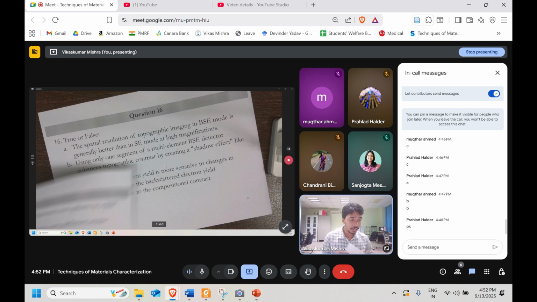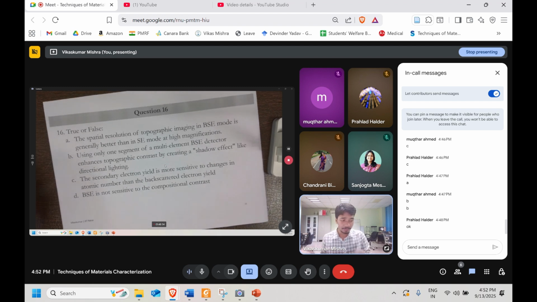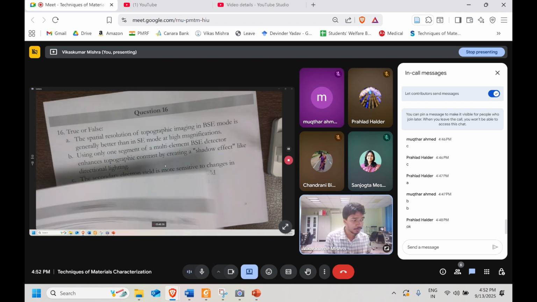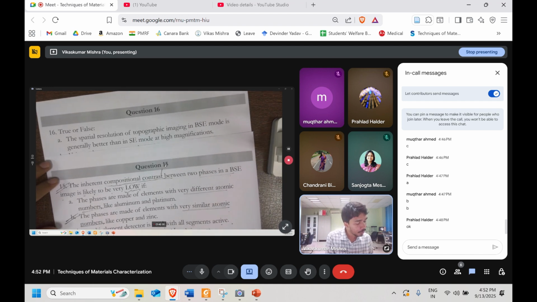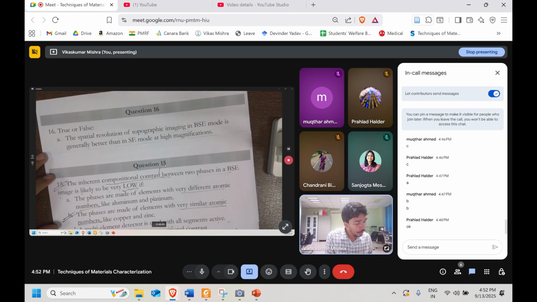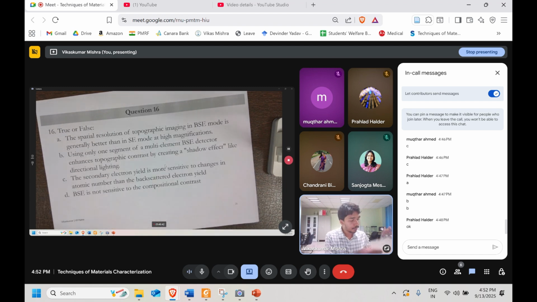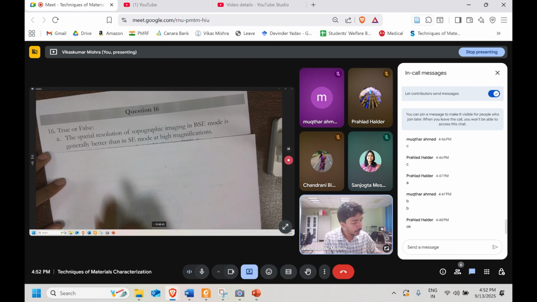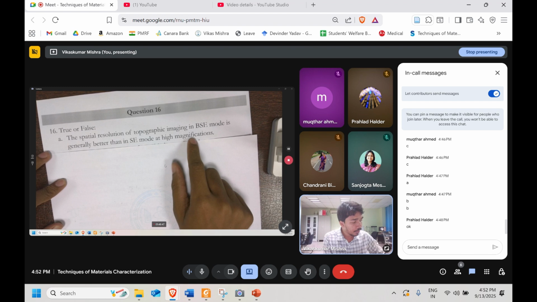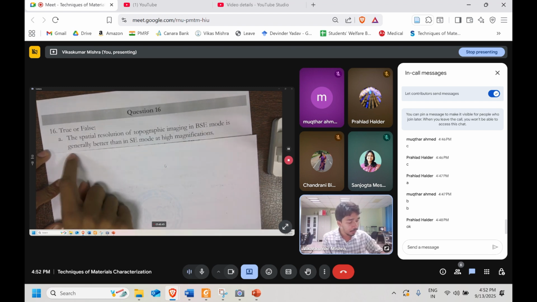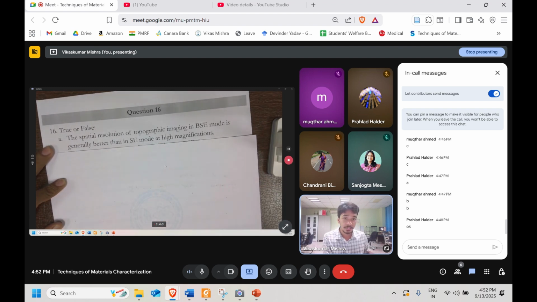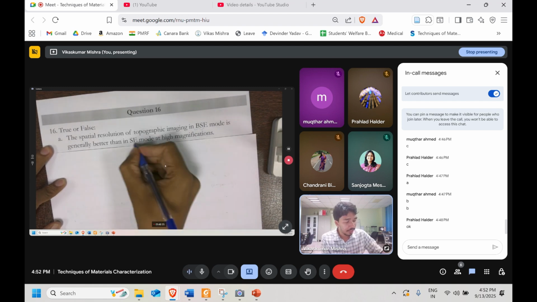So let's try to answer the last questions. It is true and false, and this itself has multiple questions in it. The spatial resolution of the topographic image in the BSE mode is better than the SE mode at high magnification. What do you think? Which one is better, BSE or SE?